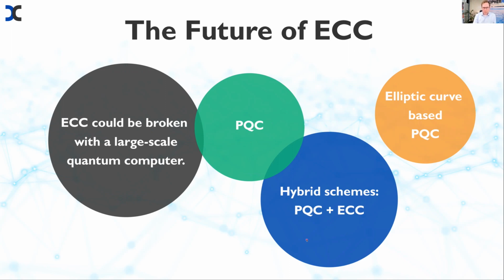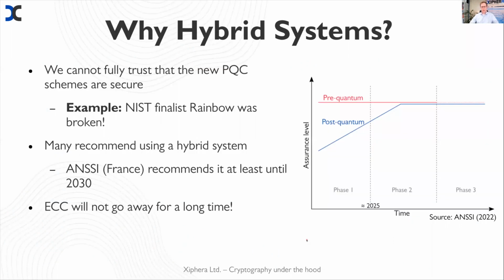So you may wonder what the role of an ECC system is in such a PQ world, and this is something that we will look into next. The big problem with the new PQC algorithms is the fact that they will be new algorithms.